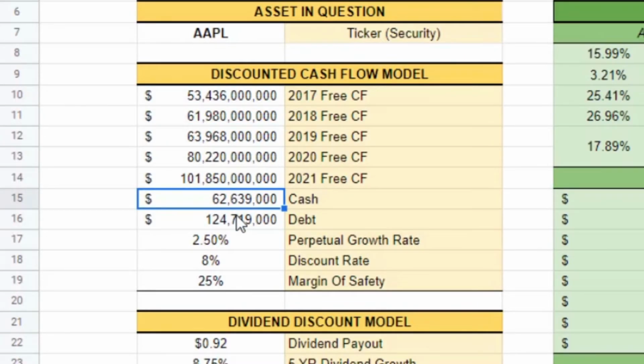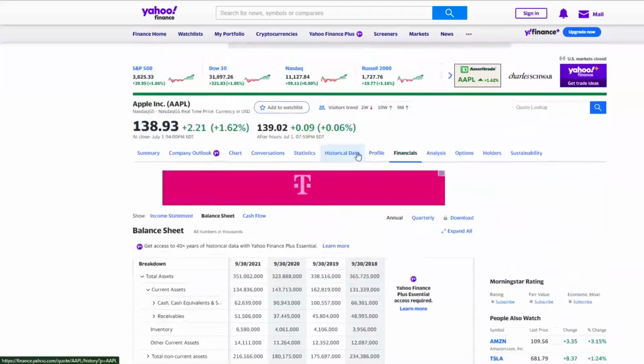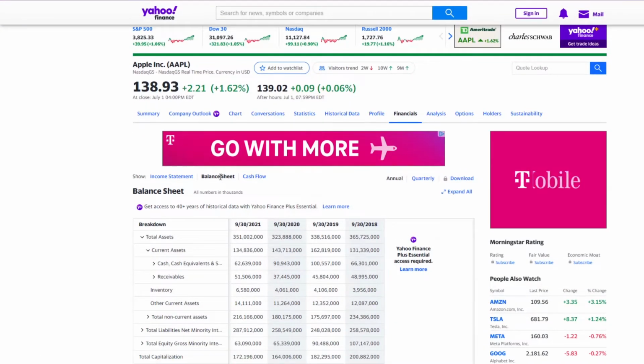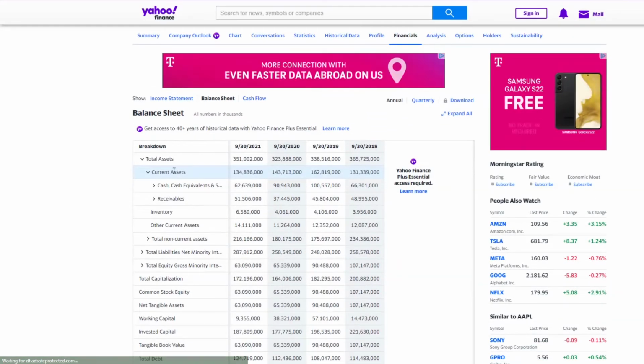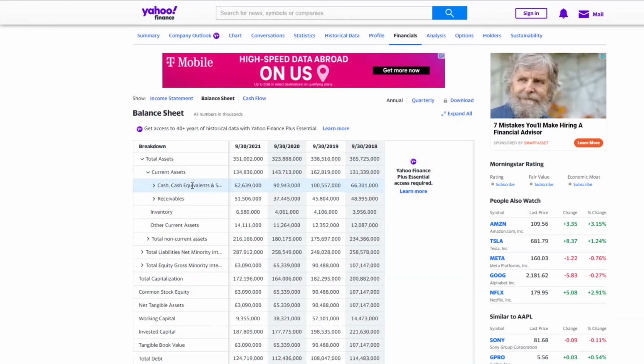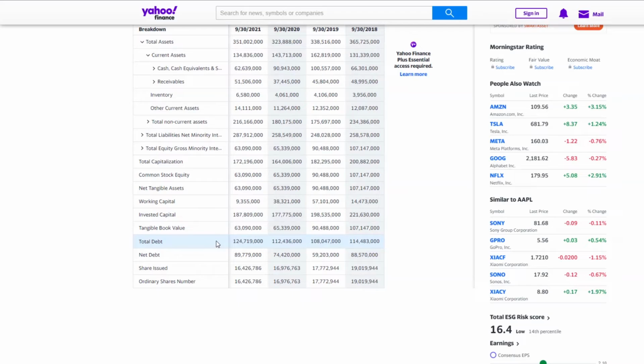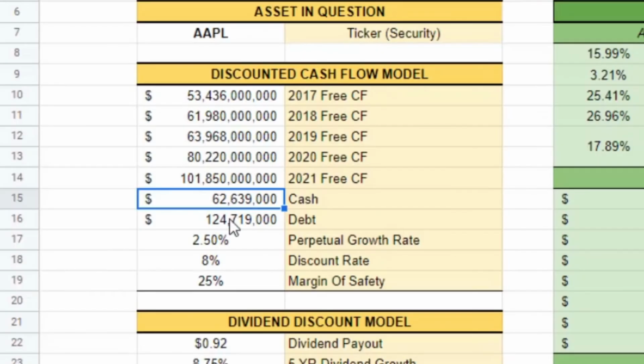To find the cash and debt numbers, I came over to Yahoo, to their financials tab, clicked on the sub tab balance sheet, and their total current assets, cash and cash equivalents is about 62.6 billion. Come down on the same table, their total debt is 124.7 billion.